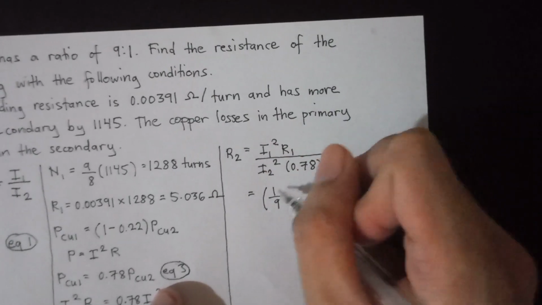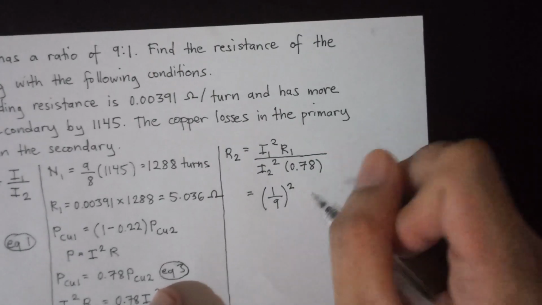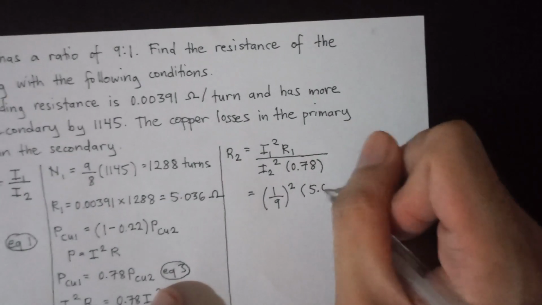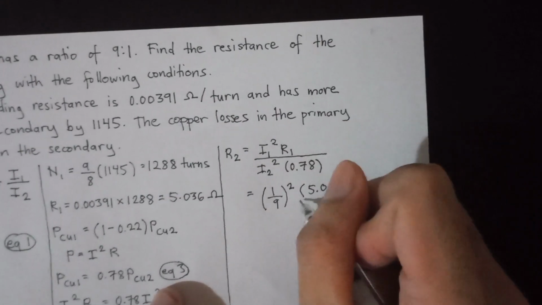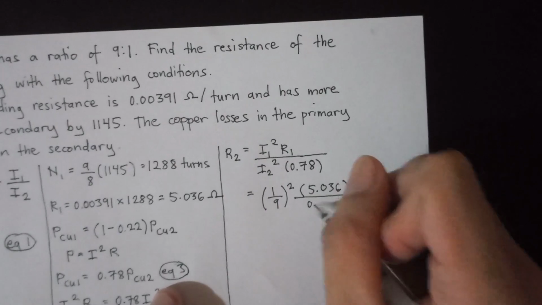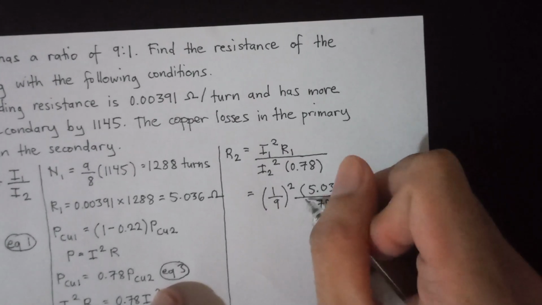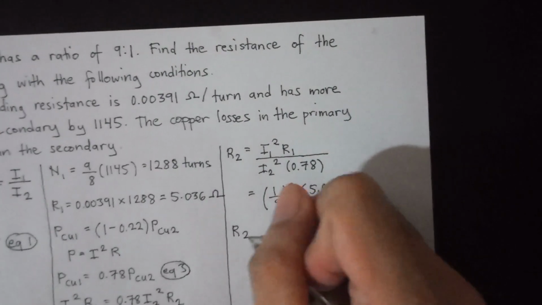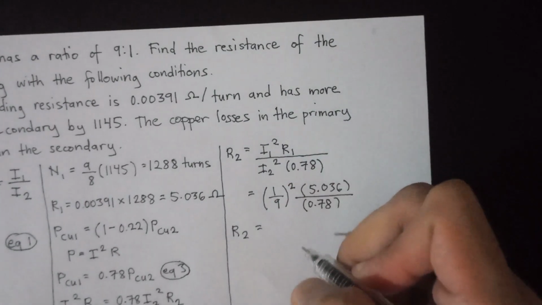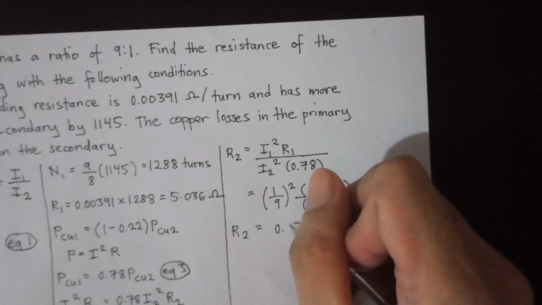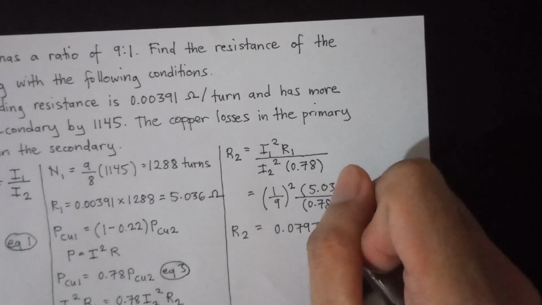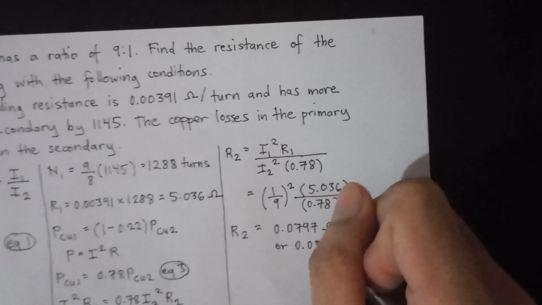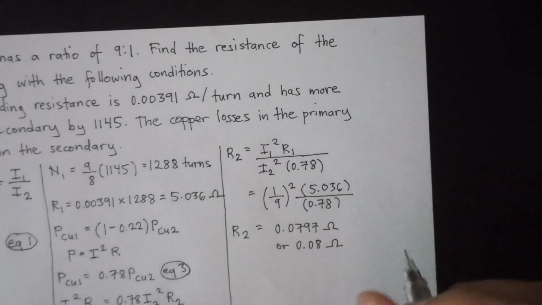That is 1 over 9 squared times R sub 1, which is 5.036 ohms, over 0.78. Therefore, the resistance in the secondary winding is equal to 0.0797 ohms, or 0.08 ohms.